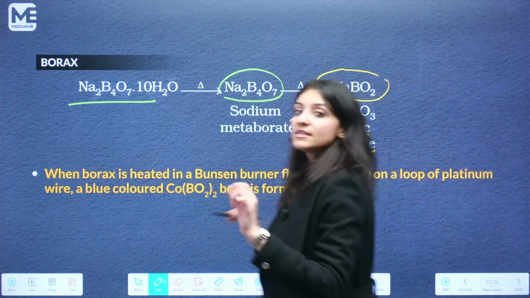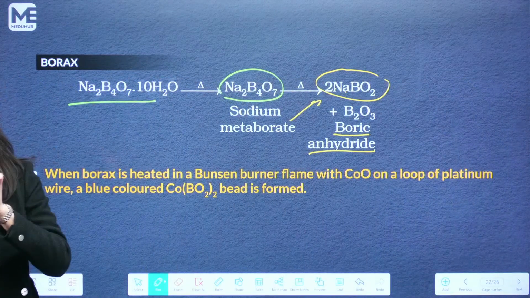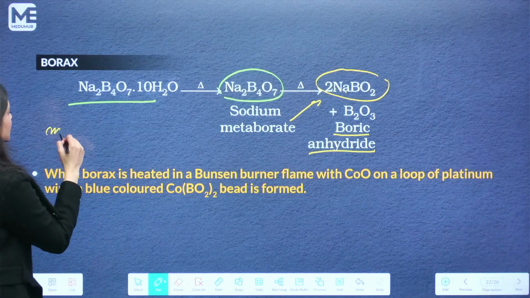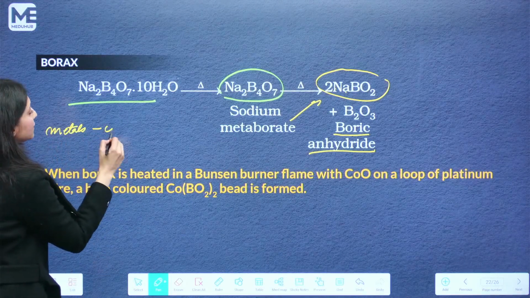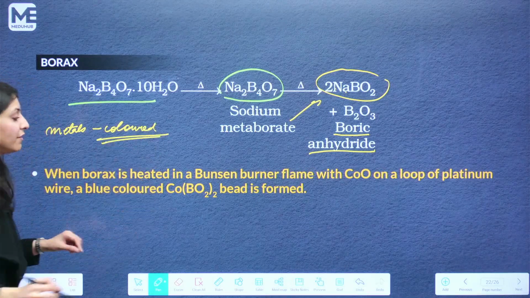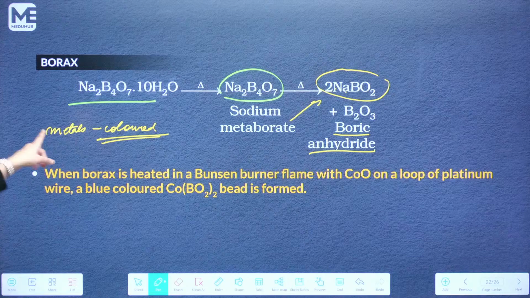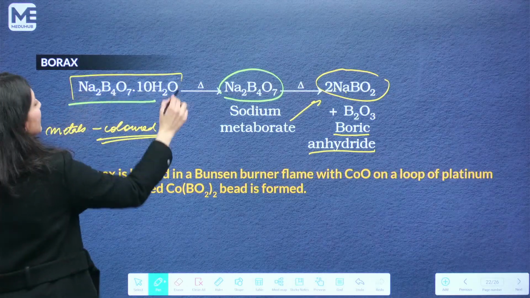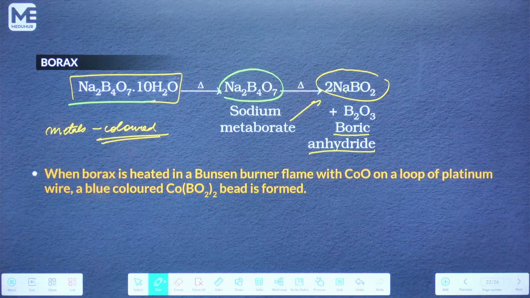Now, what is interesting is that the metaborates of some metals are colored. So, if you have a metal oxide and you heat it with borax on a platinum wire over a Bunsen burner flame, a colored bead will be obtained.